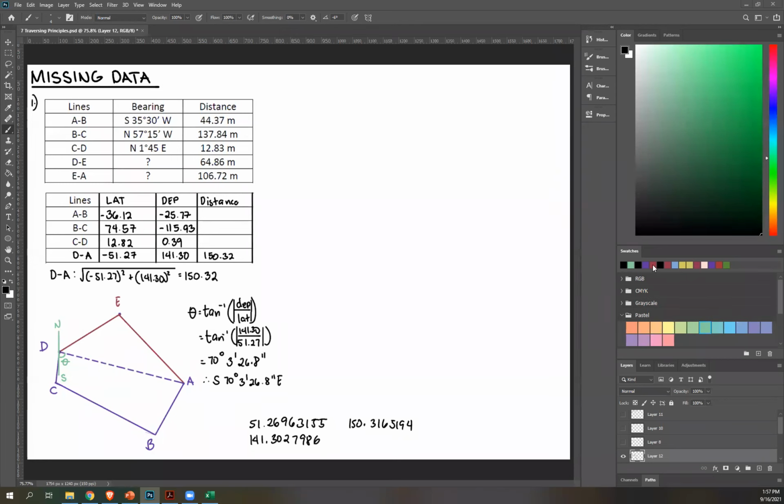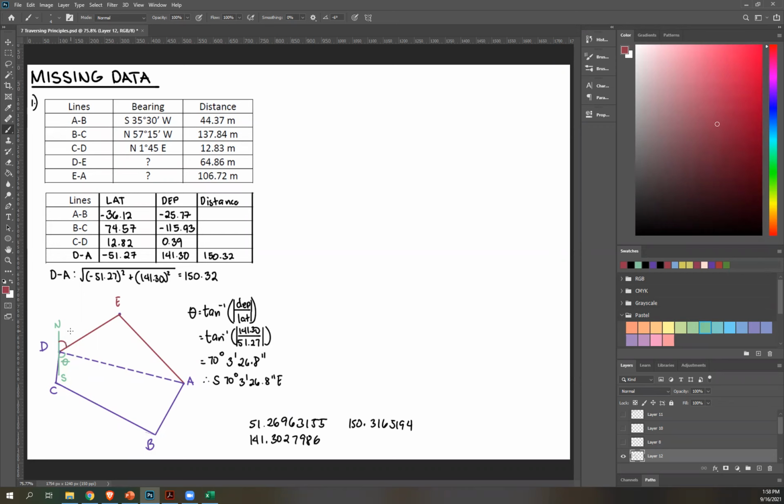In order to do that, you're going to use your equations for a triangle. So let's start with getting the bearing of line DE. The bearing of line DE would be the acute angle, or smallest angle, from either the north or south line. So what I need is this.